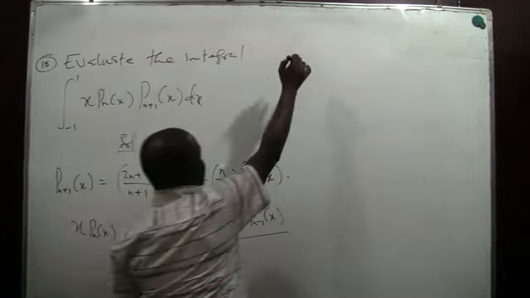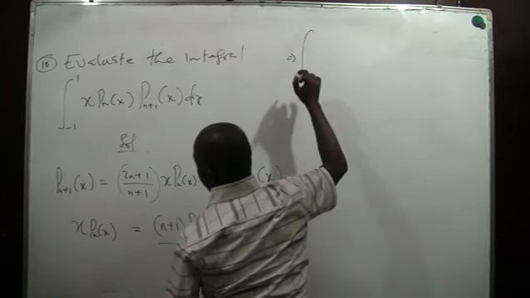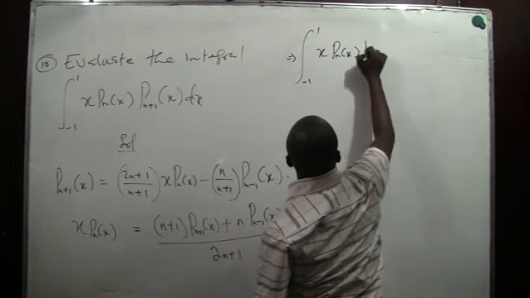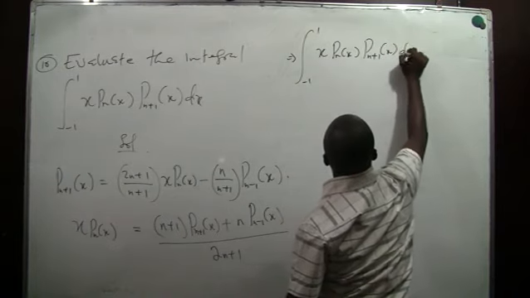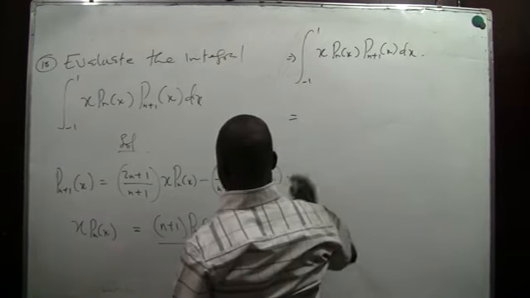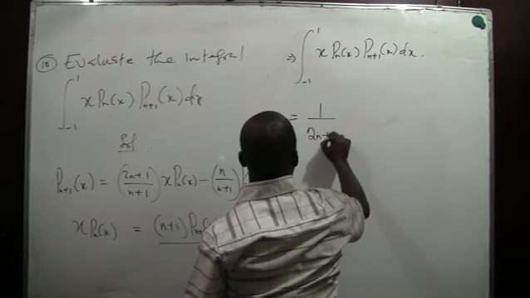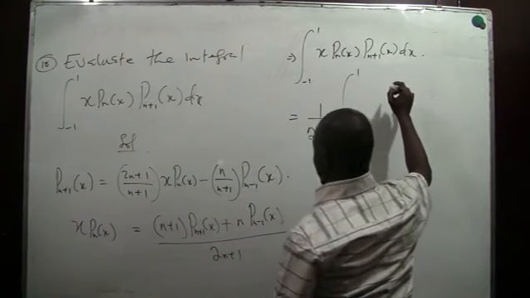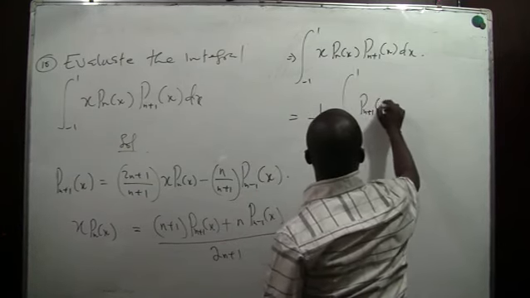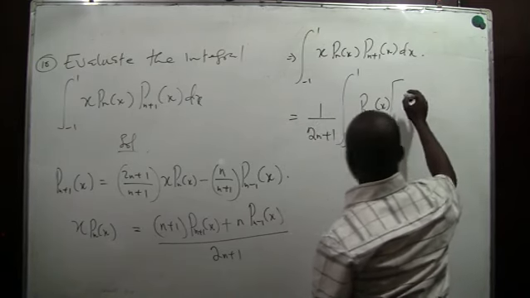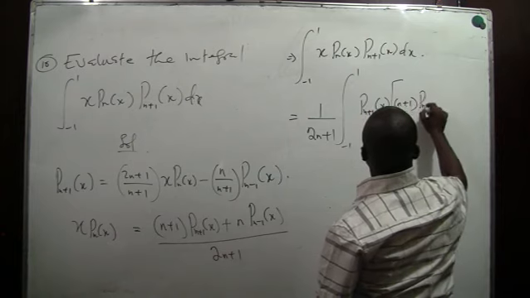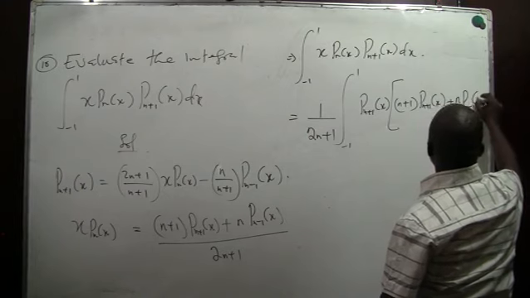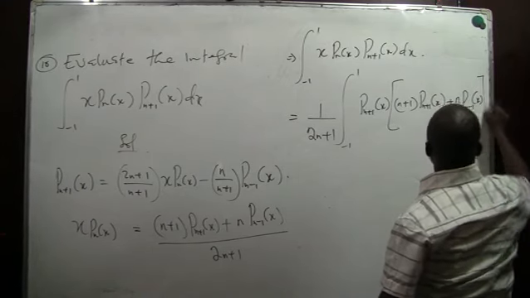So this now implies that the integral from minus 1 to 1 of x Pn(x) P(n+1)(x) dx becomes 1 divided by 2n+1 outside of the integral from minus 1 to 1 of P(n+1)(x) times ((n+1) P(n+1)(x) + n P(n-1)(x)), everything dx.